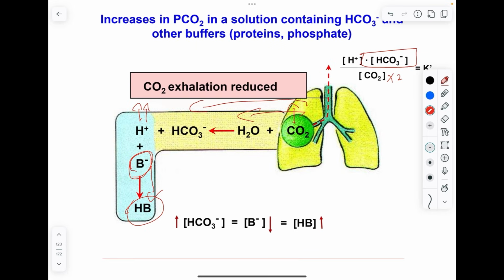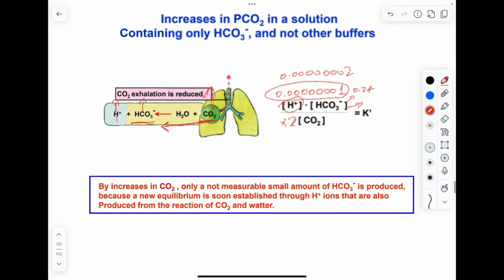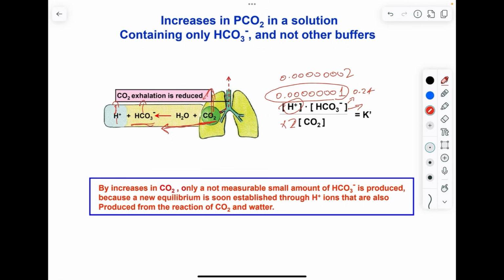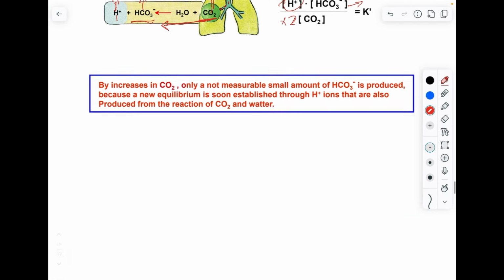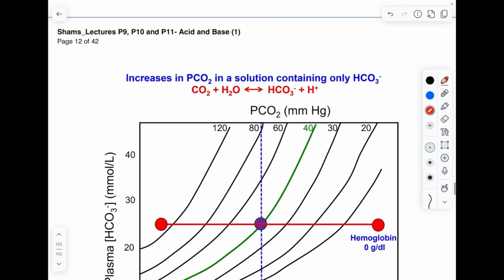It will just keep going until there is a big difference in HCO3. So actually in our body, the more CO2 that we produce, the more bicarbonate that we get. There, it wasn't like that, because H+ would increase and stop the reaction right away. I hope that makes sense.